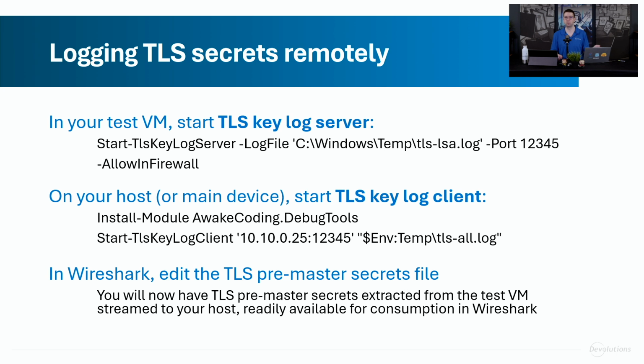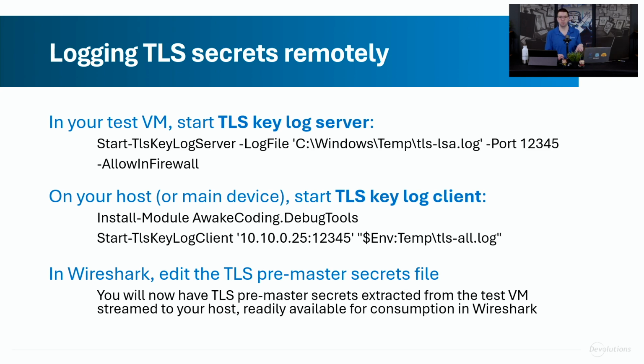The port number by default is 12345. You can override it, but this is the default, and allow in firewall. So I just made it in one command. You just start the TLS keylog server. It will pick up the one from the LSA, use port 12345, and add a firewall rule for it. What this does is it's a small cmdlet that will watch the file for changes and stream them to any TCP client that connects to it.